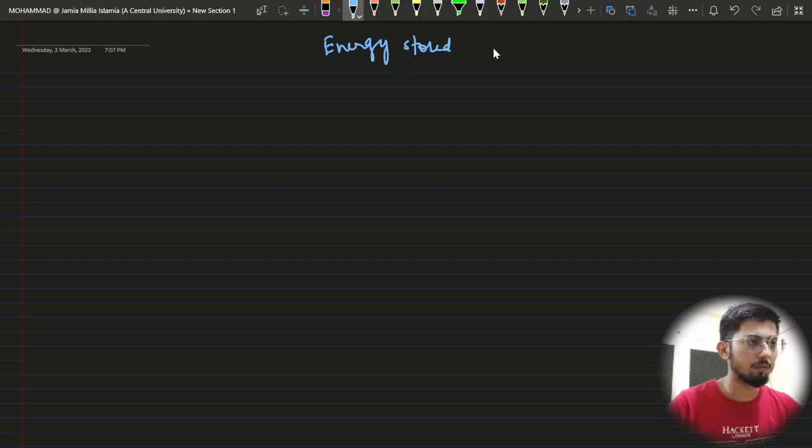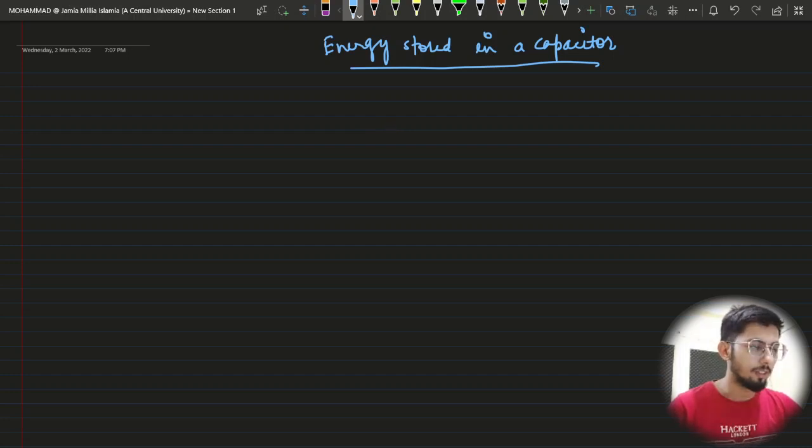A capacitor is a device which can also store energy in the form of charge. So how do we store energy in a capacitor? We store energy in the capacitor by charging it.